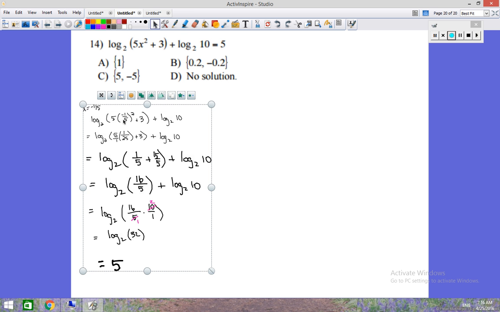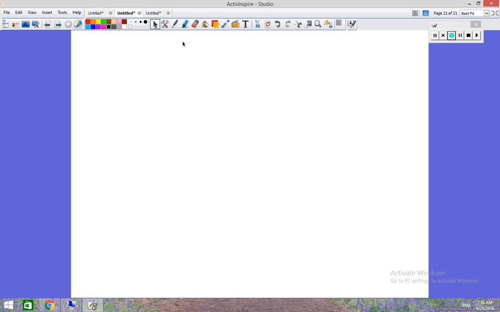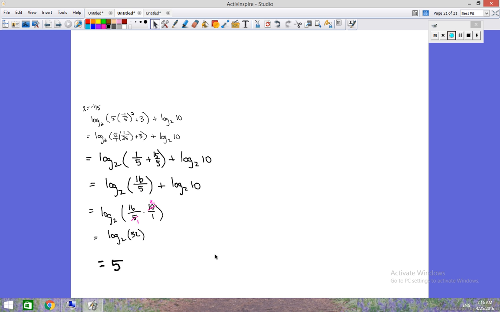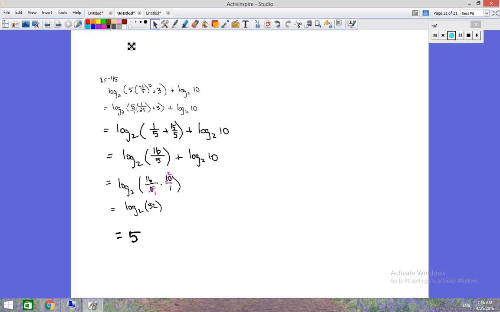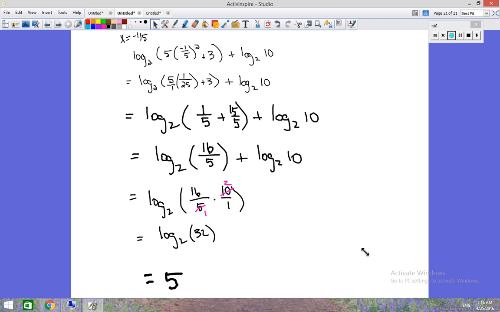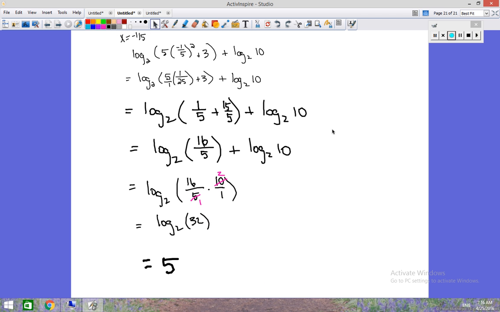If we think about what positive 1/5 would be, would it check? And it turns out that it will. I think it can be easily seen. If we were plugging in 1/5 rather than negative 1/5, 1/5 times 1/5 is 1 over 25.